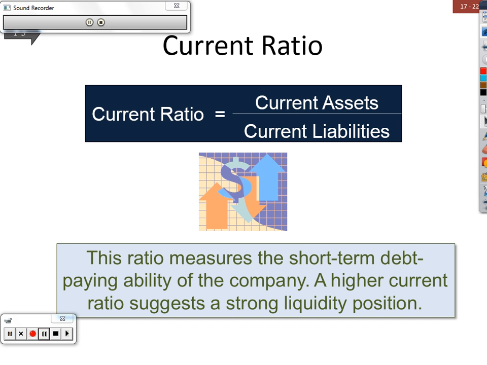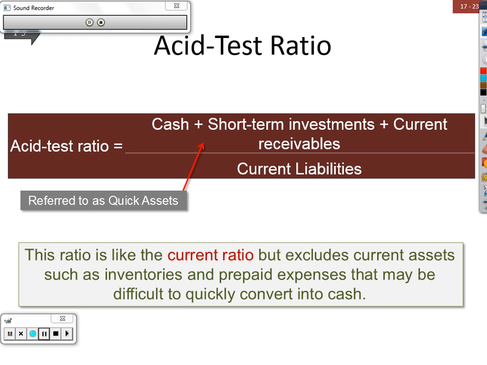Meaning if current assets are much smaller than the current liabilities, that means that they can't pay their short-term debt off. But if the current assets far exceed current liabilities, then that means that they are highly liquid, meaning that they have enough assets to not only liquidate, but have money after the fact to pay towards long-term debt.